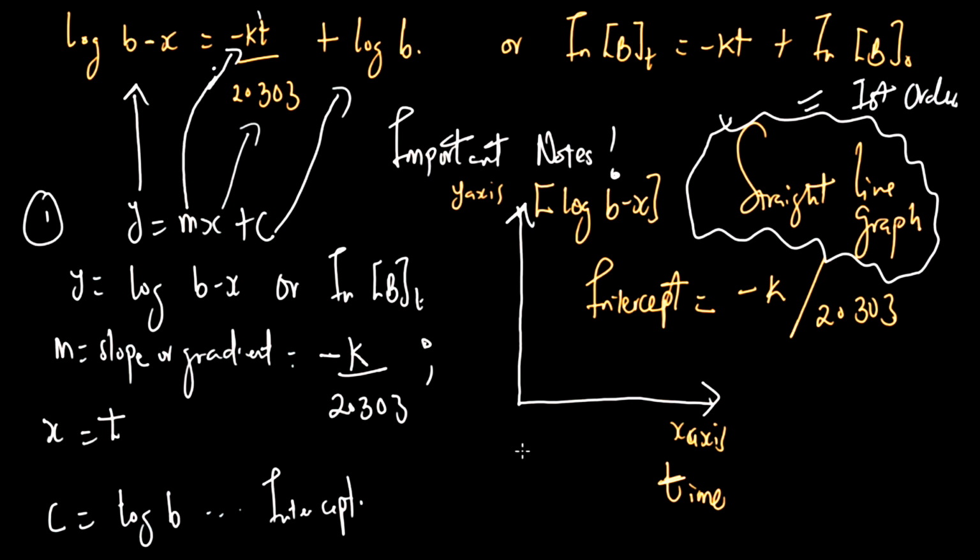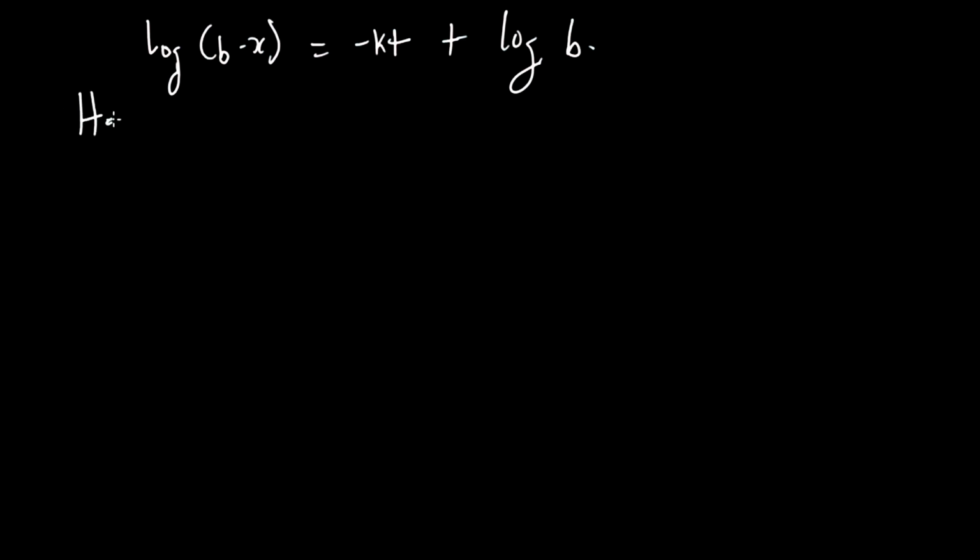So now let's talk about the half-life of a first order reaction. The equation for a first order reaction is log(b minus x) equals minus kt plus log b. The half-life, t1/2, of a reaction is the time required for the concentration of the reactant to decrease by half.